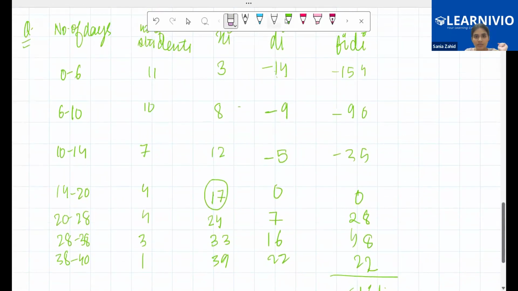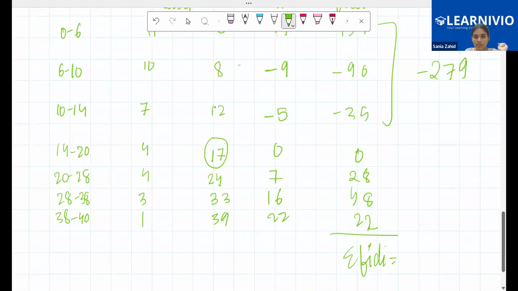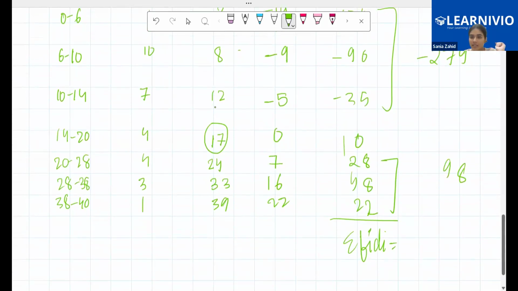On adding these values, you get minus 279 and here you get 98. Right. So minus 279 plus 98 gives you minus 181.